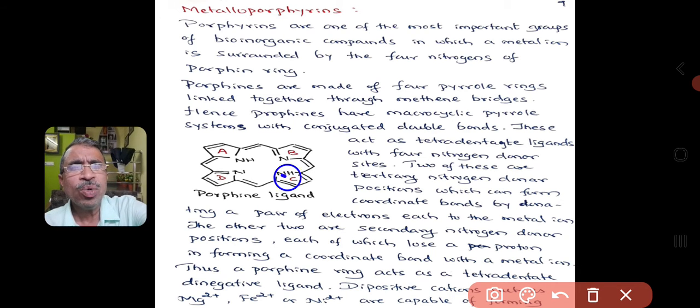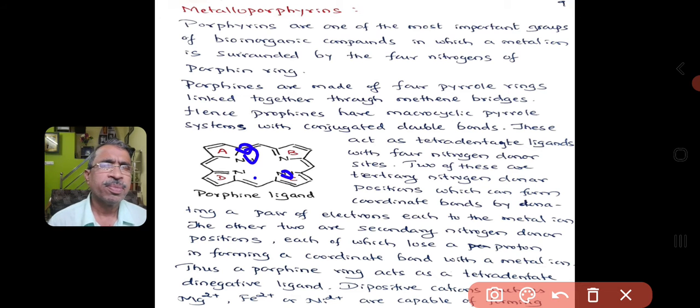And the other two nitrogens are called the secondary nitrogens. They donate the lone pair of electrons to the central metal ion while giving out a proton. So thus a porphyrin ring acts as a tetradentate dinegative ligand.